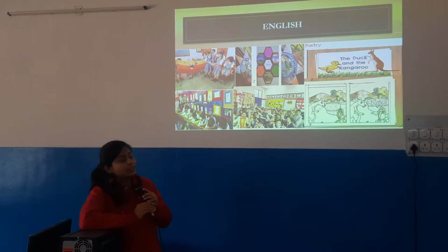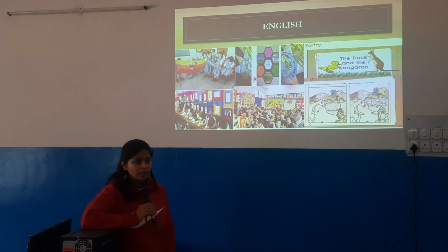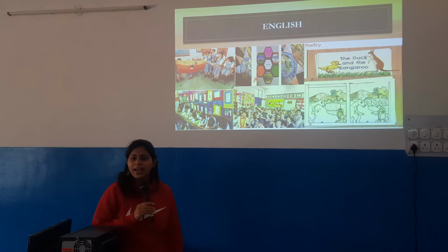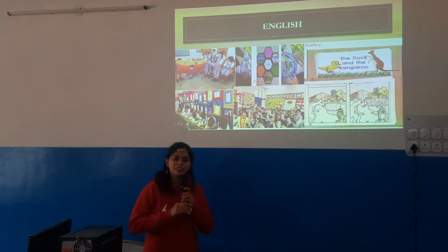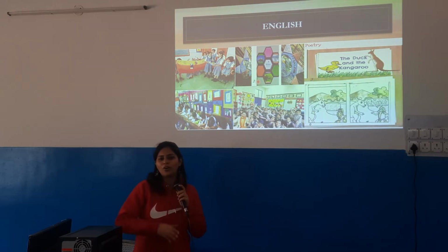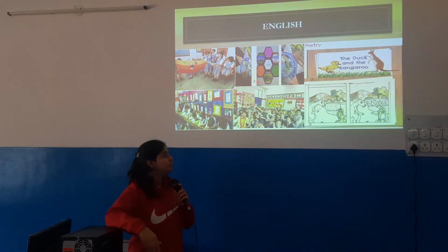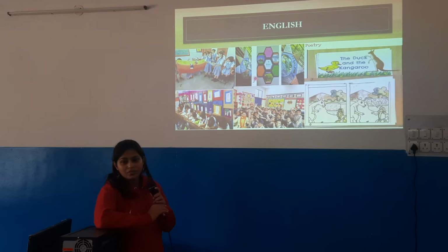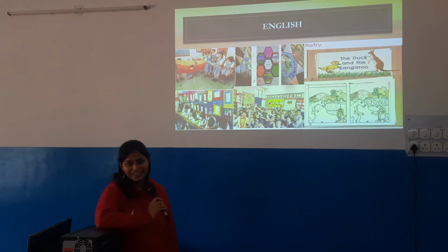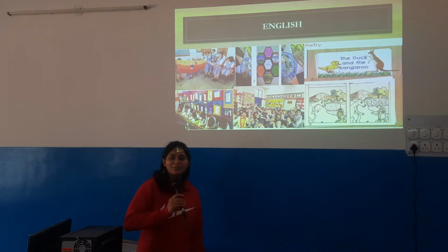Next, this is a picture of Standard 9. Here, the English teacher has asked them to prepare an advertisement, and the children, rather than just making it in their notebook, have given an artistic outlook to the advertisement part. Here, they have tried to make a tour and travel guide for the classmates.